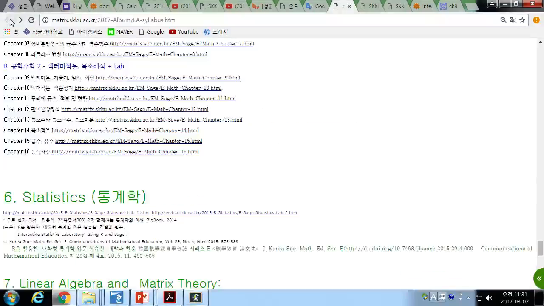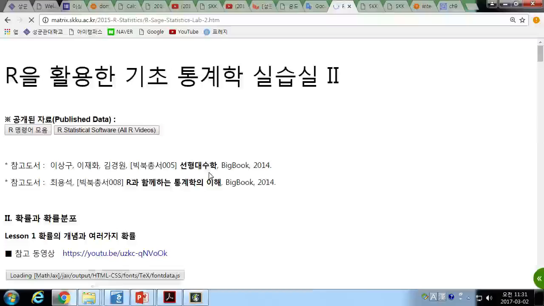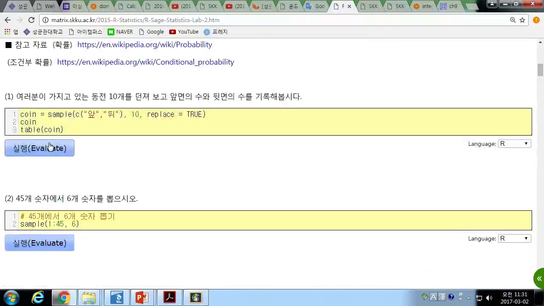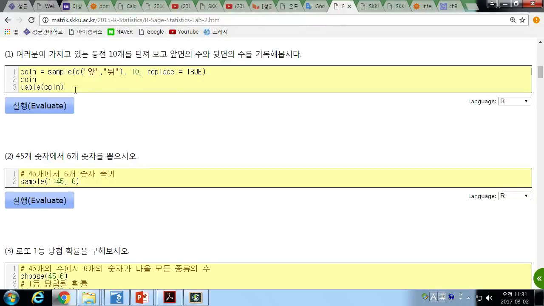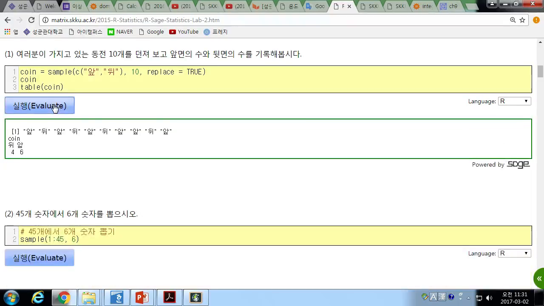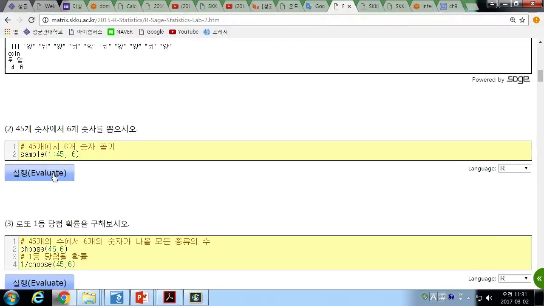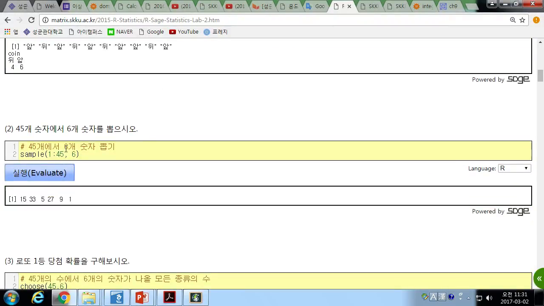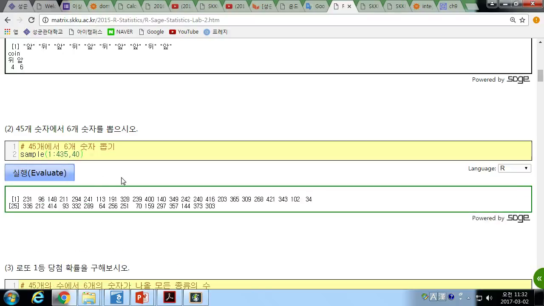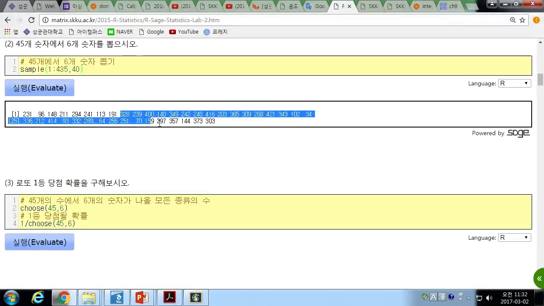Okay. Anyway, and for statistics, this is the Python language, and this is R, and the earlier ones are Python and Mathematica. Okay, here, if you want to randomly generate coin tossing, or randomly choose 6 numbers from 1 to 45, or 40 numbers from 1 to 435, something like that, all can be done.